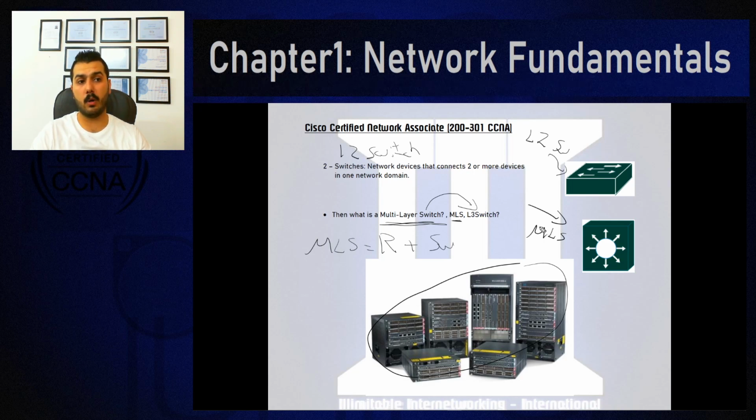Before, you had nothing called a router with 48 ports or a router with more than 100 or 200 ports, because routers were known for low port density. That was something related to switches only.